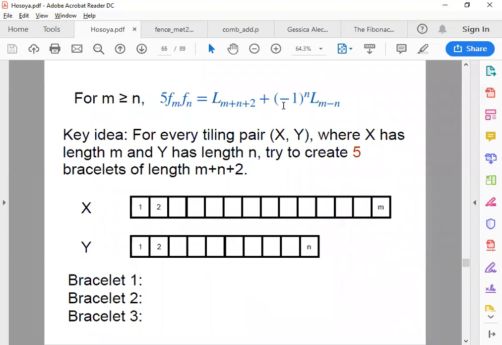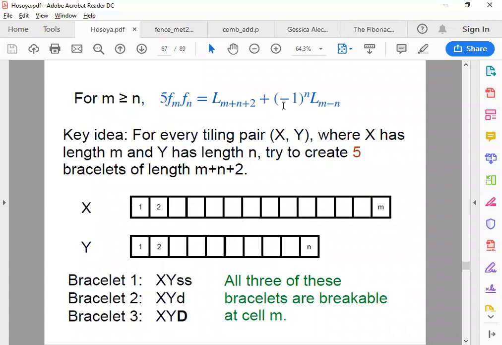The basic idea is for every tiling pair of length m and n, we're going to create 5 bracelets, where those bracelets have length m plus n plus 2. And 3 of those bracelets are trivial to create.